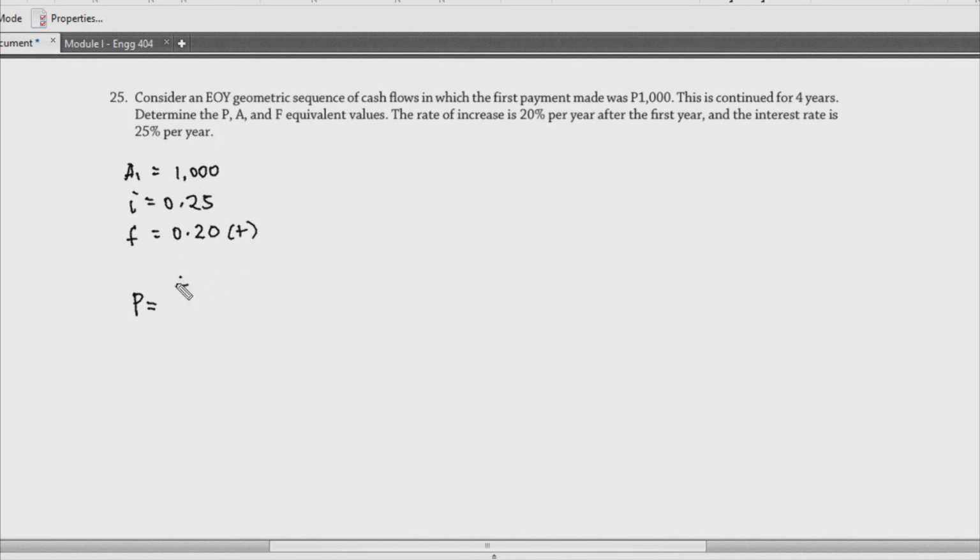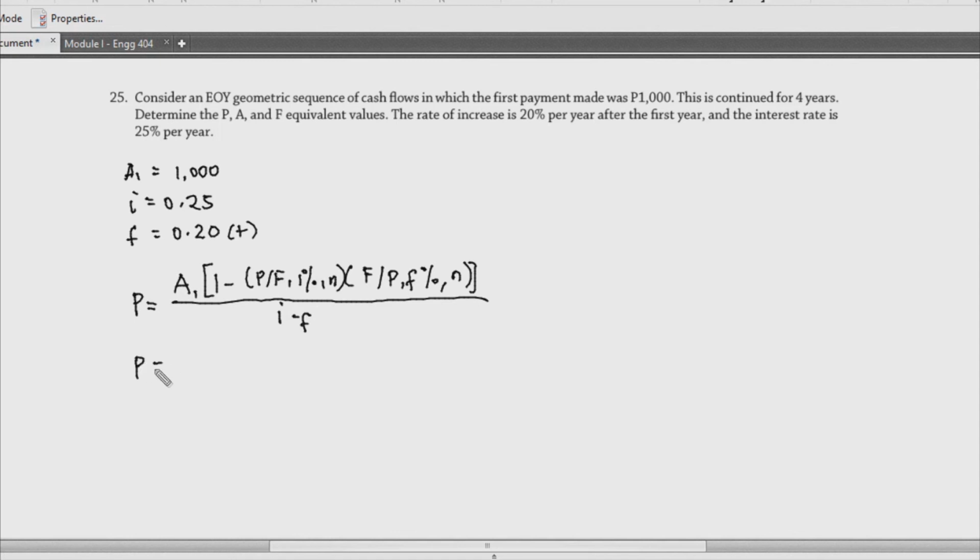That is A sub 1, multiplied by 1 minus P given F, I percent, N, multiplied by F given P, F percent, N, and then we divide this all by I minus F.